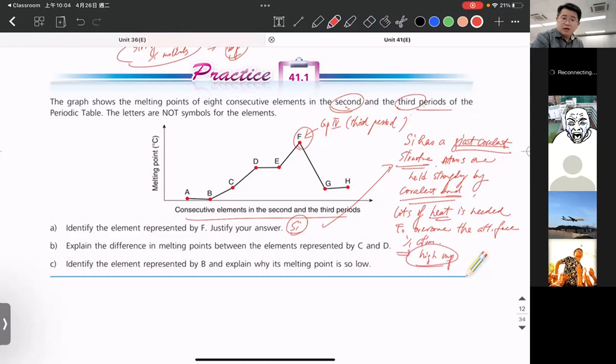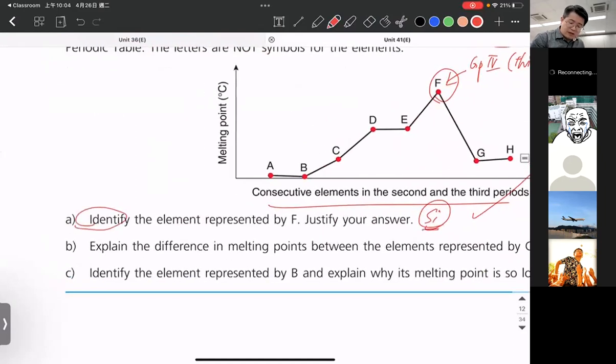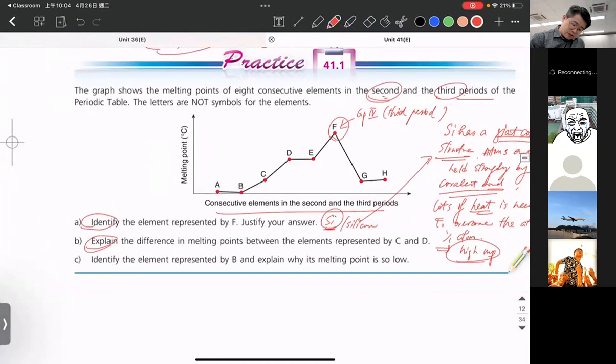Now remember, if you write down identify, you simply write down silicon or Si. But if I change this term to name, you can only write down silicon, the full name, but not the symbol. B, explain the difference in melting point between elements represented by C and D. Now, because I know that is silicon, you do it backward.